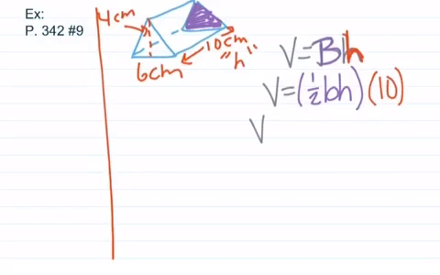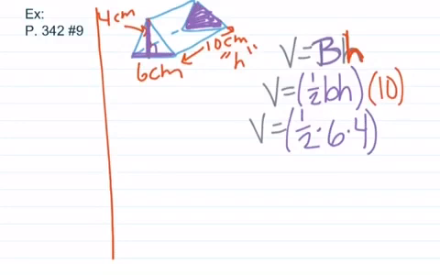Now I'm going to sub in my numbers. 1/2. The base of my triangle here is 6, and the height, remember they form a 90 degree angle, is 4, and I'm taking 1/2 of that. So 1/2 times 6 times 4, and then again, the height of the prism was 10.